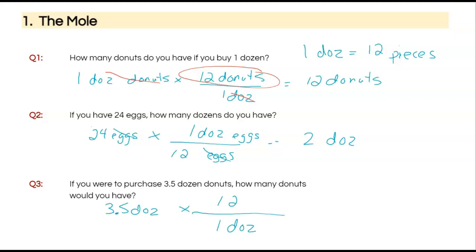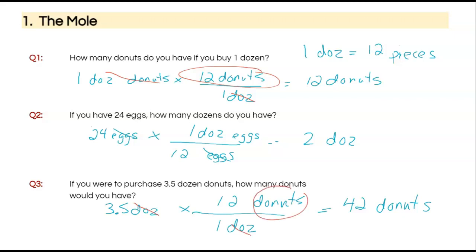In this case, the pieces just happen to be donuts. That will allow me to figure out exactly how many donuts I have. So 3.5 times 12 gives me 42. We could have worked that out mentally because the numbers are kind of quasi-friendly here, and I don't want us to forget that as we work through the next problem, but it does give us a bit of a system to break this down.